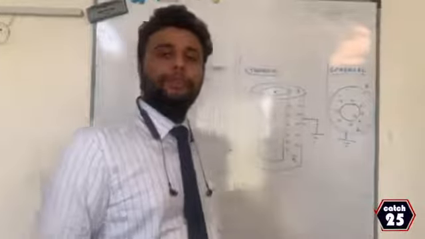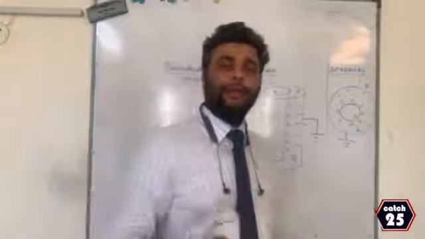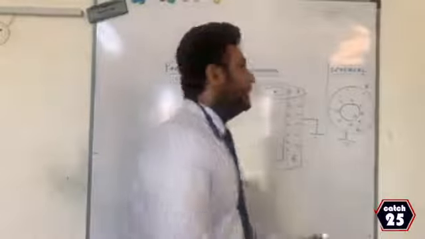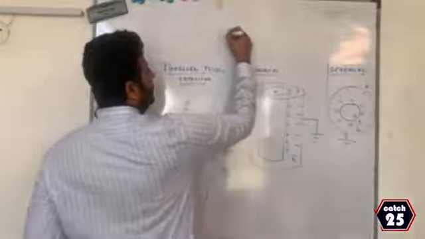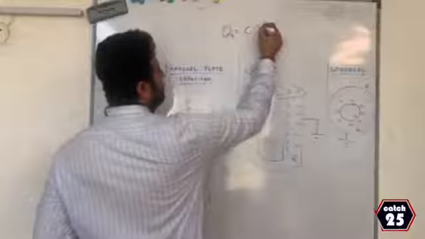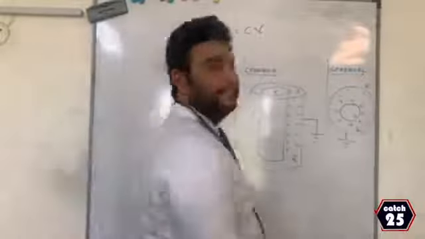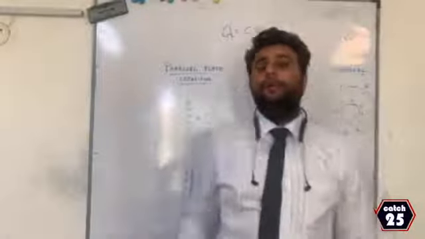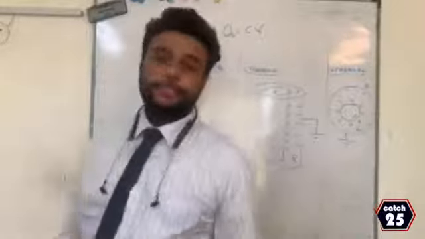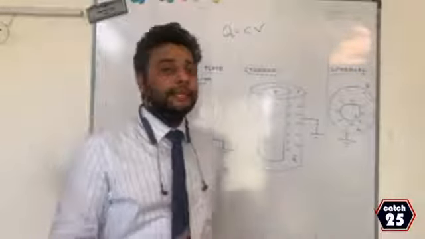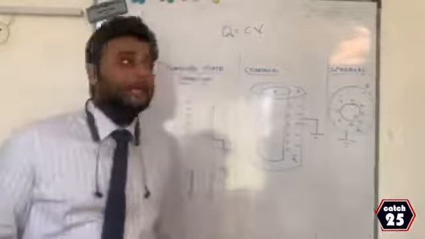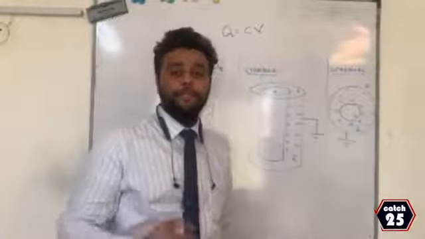And the most basic formula for a capacitor is this: Q equal to CV. That is, C is equal to Q by V. Where what is Q? Q is the charge. What is C? C is the capacitance. And what is V? V is the potential.